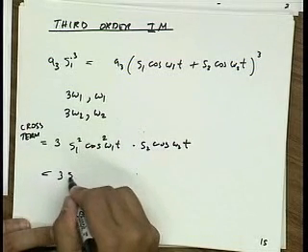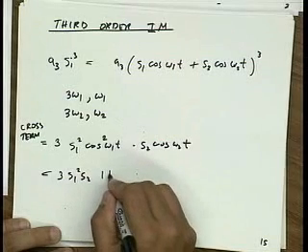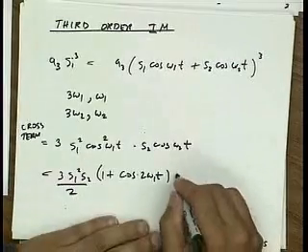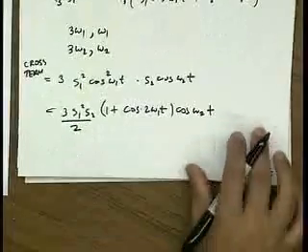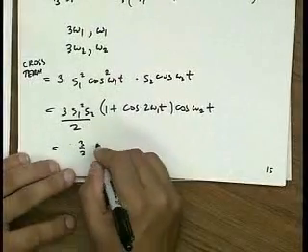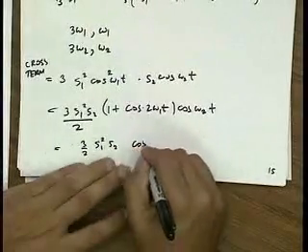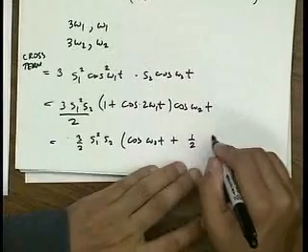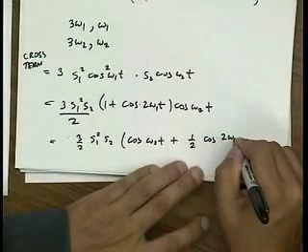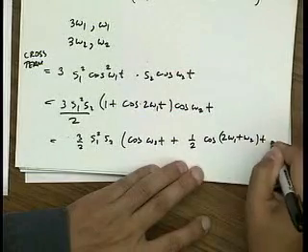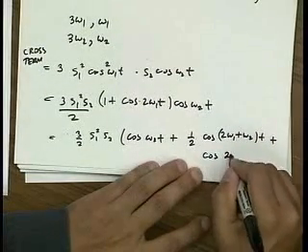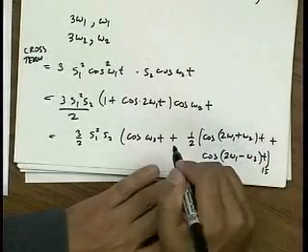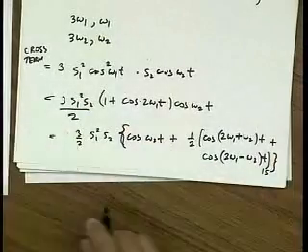I'm going to get 3 S1 squared S2, (1 plus cosine 2 omega 1t)/2, times cosine omega 2t. And if I multiply this out again, I get 3/2 S1 squared S2 cosine omega 2t plus 1/2 cosine of (2 omega 1 plus omega 2)t plus cosine of (2 omega 1 minus omega 2)t. Okay?